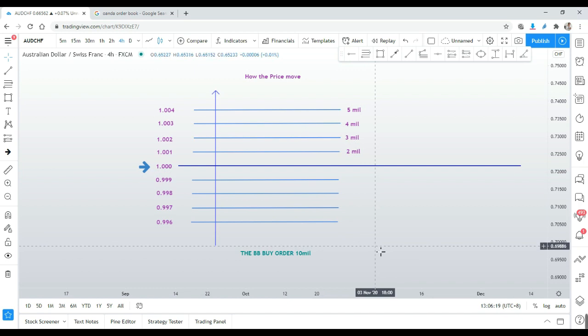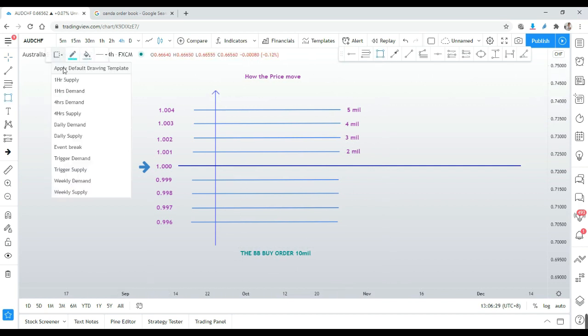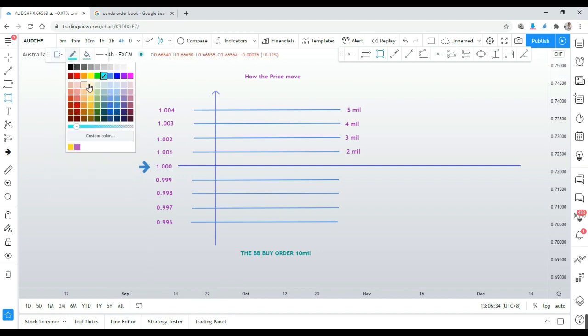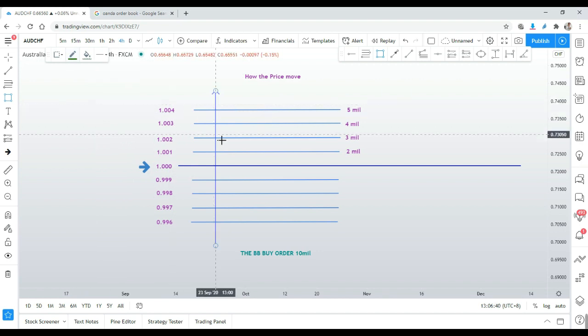So in this example, he wants to gain 10 million because he got a 10 million order. What he'll do first, let me change the color to green. The bank will definitely push the price up.